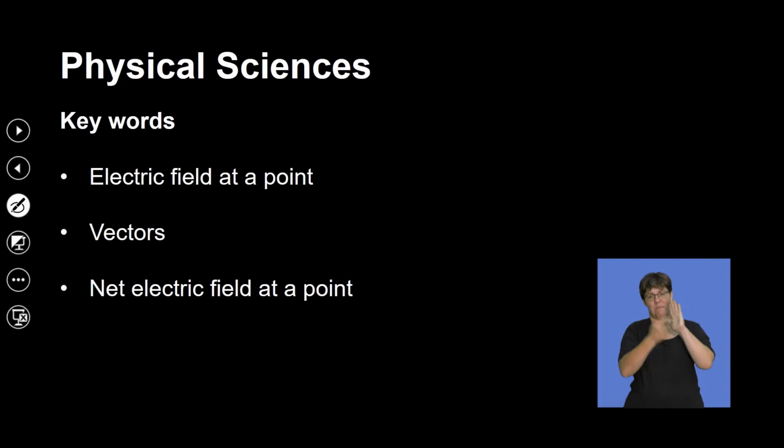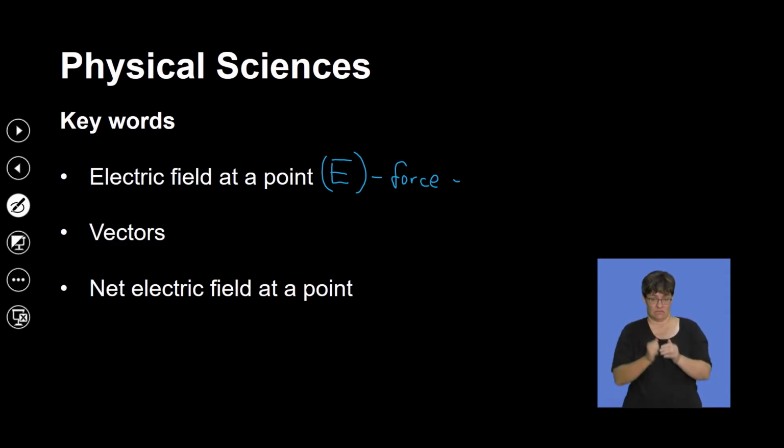The keyword that I want us to first unpack and remind ourselves of is electric field at a point, which is a physical quantity denoted by uppercase E. This is the symbol for electric field at a point, which is the force experienced per unit positive charge, right?